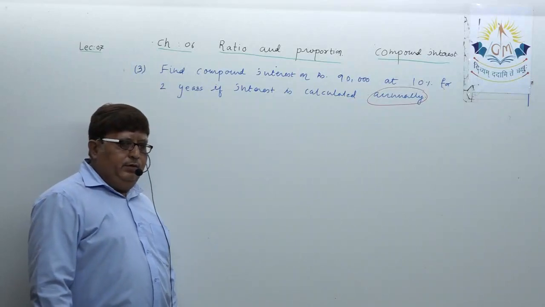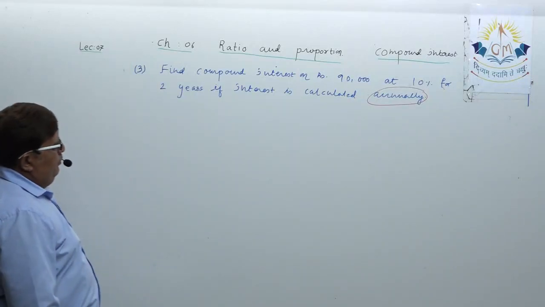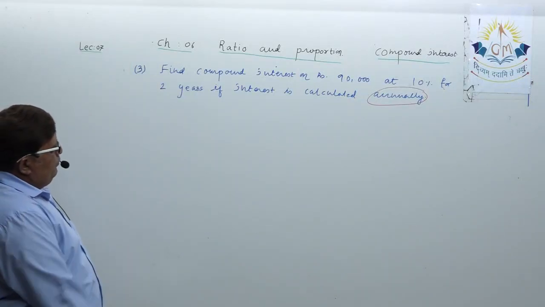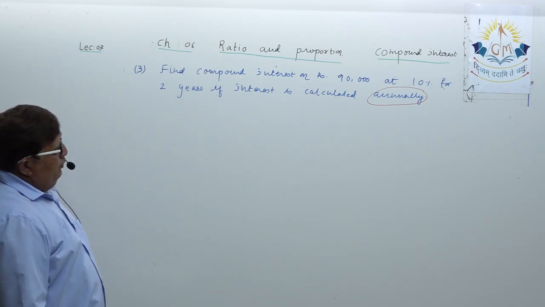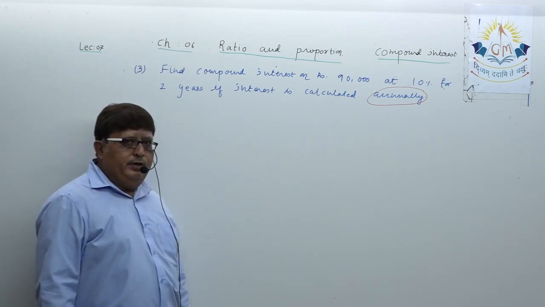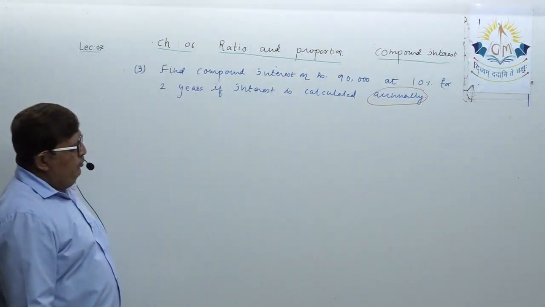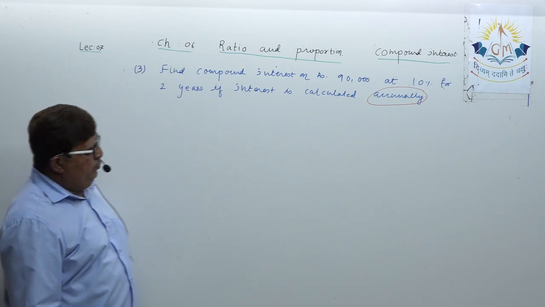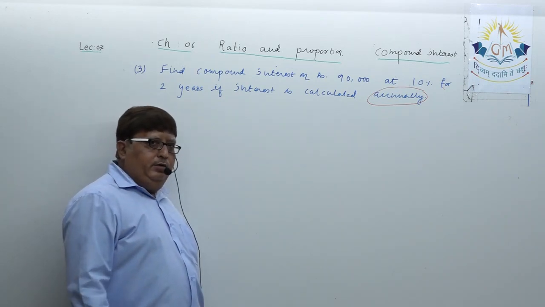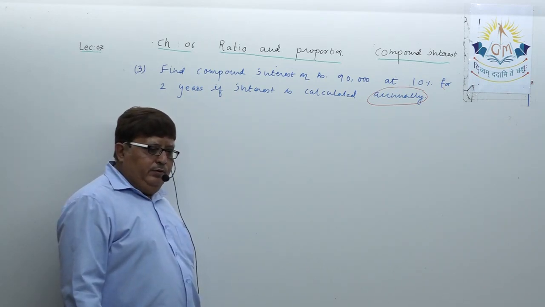Okay, when you solve this example, first you find compounded amount and then just subtract principal from it, and you will immediately get compound interest.